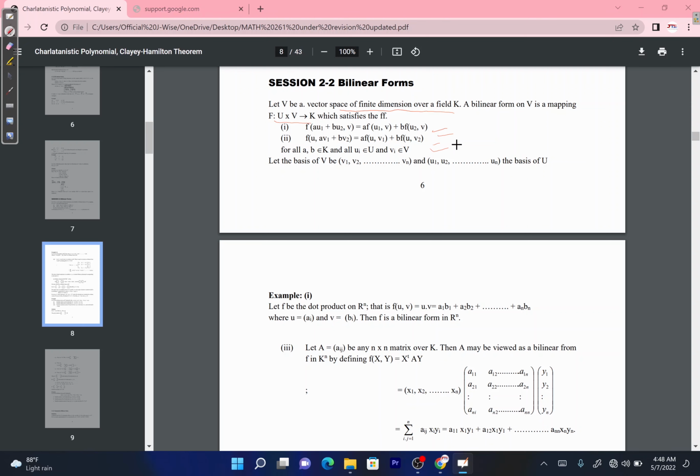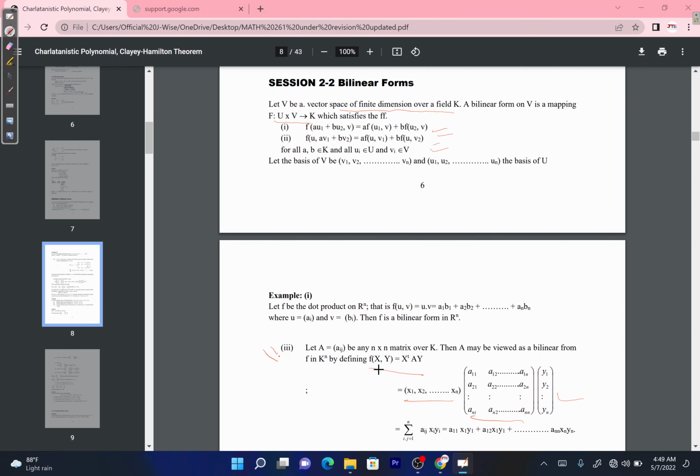Also, when you have any n by n matrix A, we can view A as a bilinear form defined by this. We choose a vector x of finite dimension, and any square matrix A, and a vector y of finite dimension.